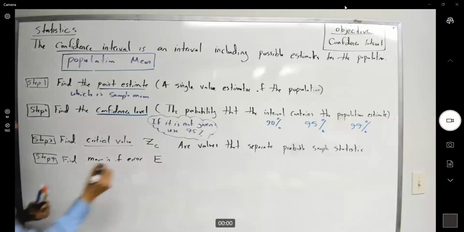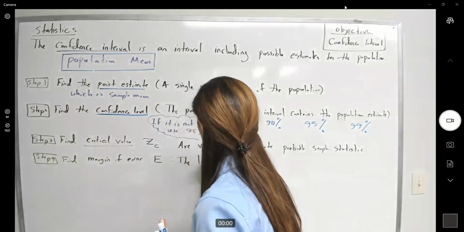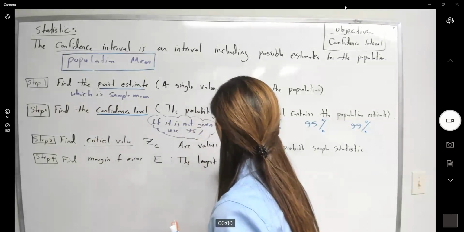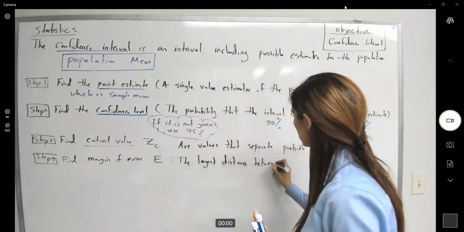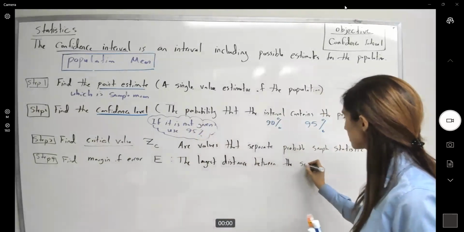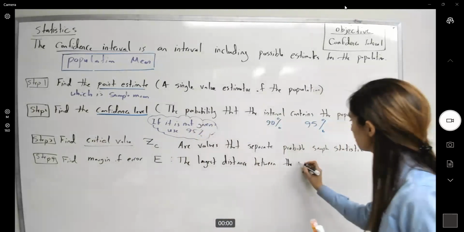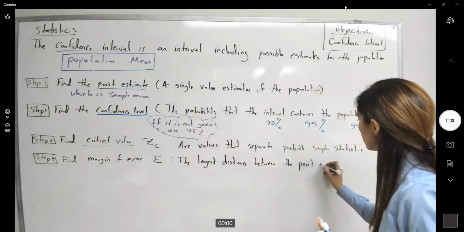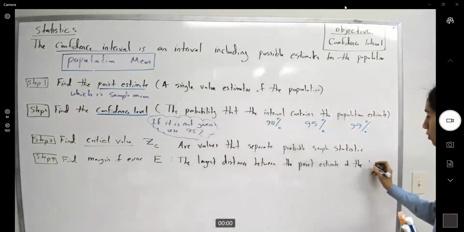So this is the largest distance between the sample or the point estimate and the population estimate.